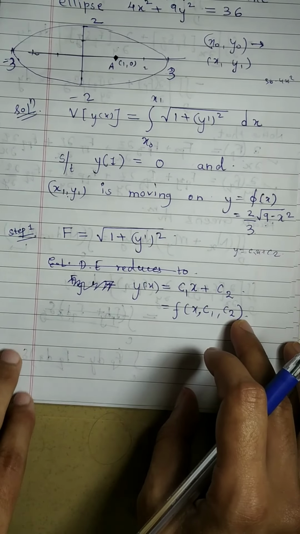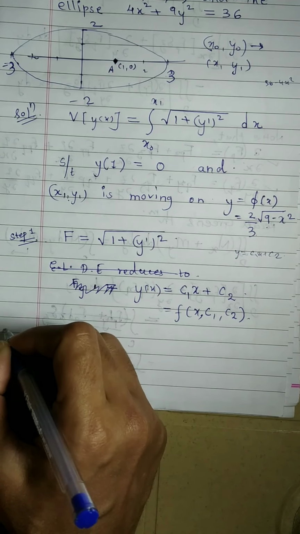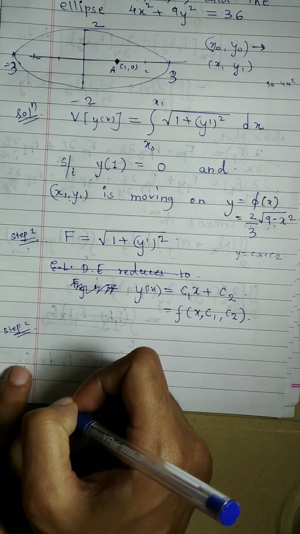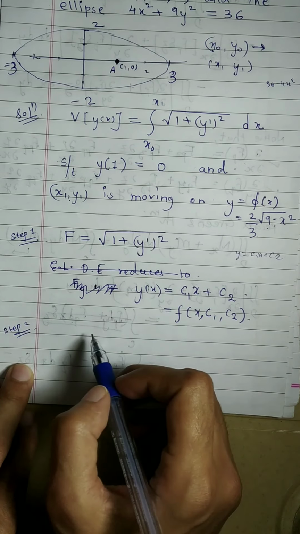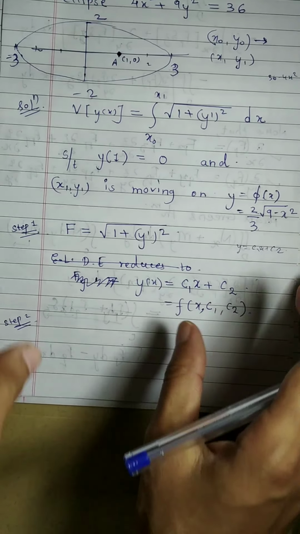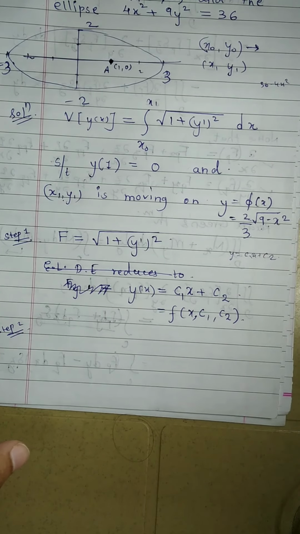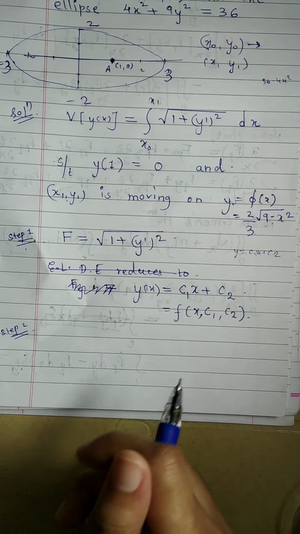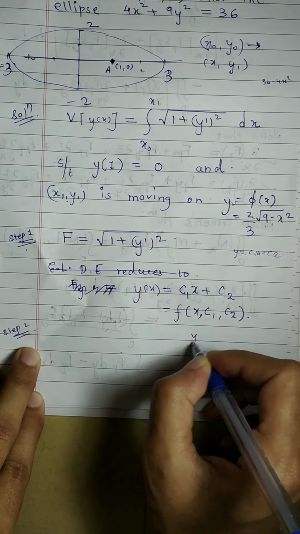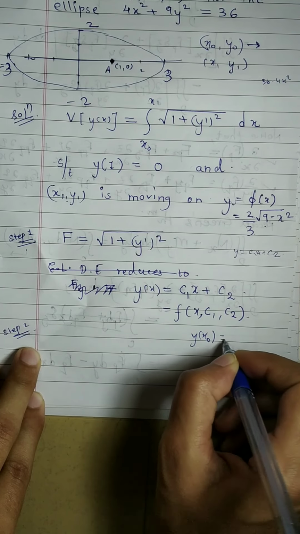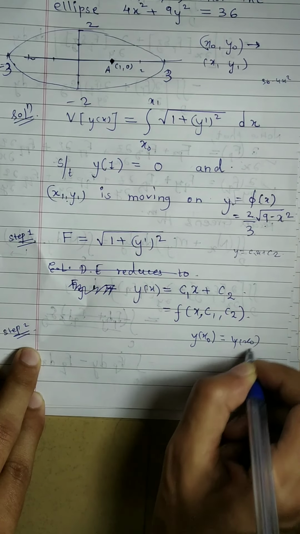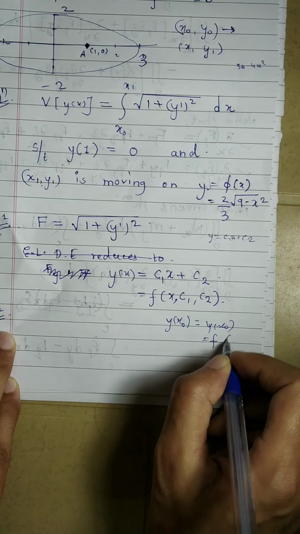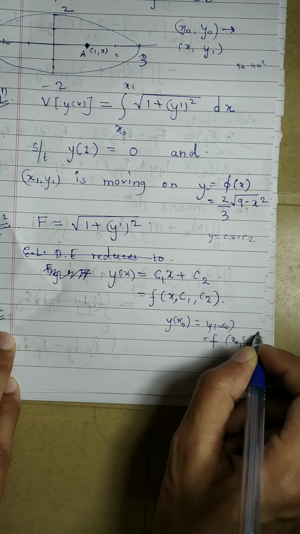Okay, then as per the procedure, step 2, we write the equations. y at x naught is equal to xi at x naught, that is equal to F at x naught, c1, c2.